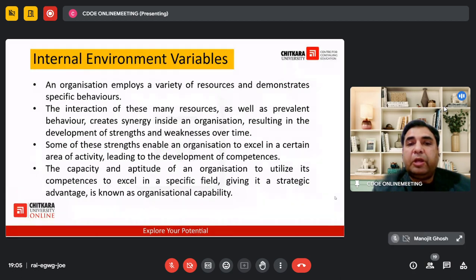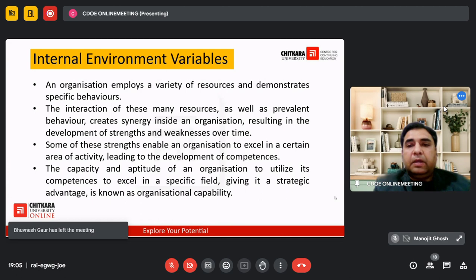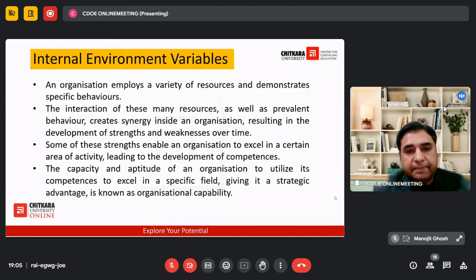So how do these strengths enable an organization to excel, to give a threat to their competitor, to become a leading product developer or organization with their competencies, and how is the organization going to use that capacity to excel with that particular competence? Now we are going to have an elaboration on this.